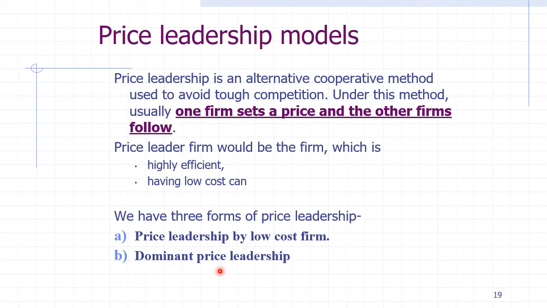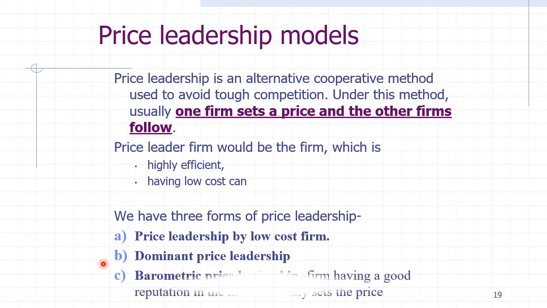It depends on the power they have. Sometimes they may have patent powers, legal powers, government backup, right? According to that, they become the dominant firm among the other firms of the oligopoly structure, and they set the price because of the dominance they have. The third type is barometric price leadership.